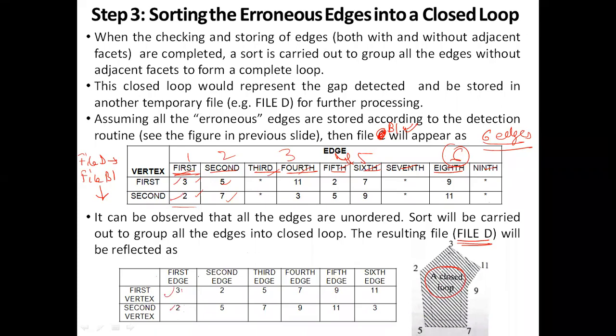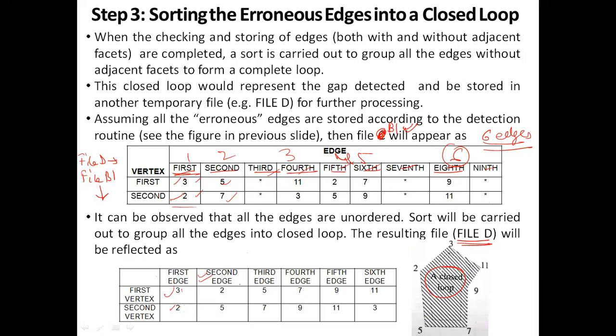Now for the second edge, the second vertex of the first edge becomes the first vertex of the second edge. Please remember it. I'll repeat it once again. For the closed loop to happen, the second vertex of the first edge should become the first vertex of the second edge, until the first vertex of the first edge becomes the second vertex of the last edge.